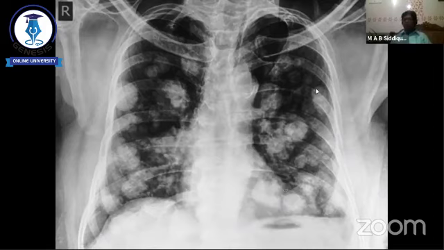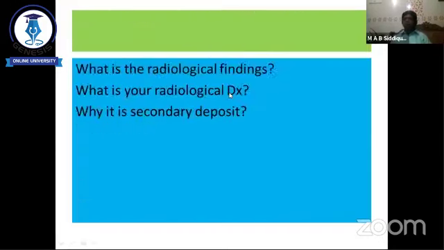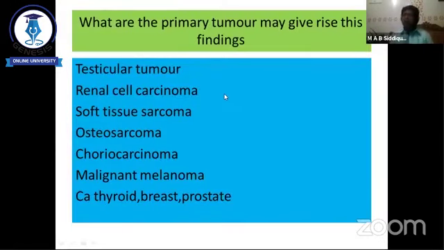What primary tumors may give rise to this finding? Though the lung is one of the most common sites of secondary metastasis, some tumors are more prone to metastasize to the lung and produce this typical cannonball appearance: testicular tumor, renal cell carcinoma, soft tissue sarcoma, osteosarcoma, choriocarcinoma, malignant melanoma, thyroid, breast, and prostate.